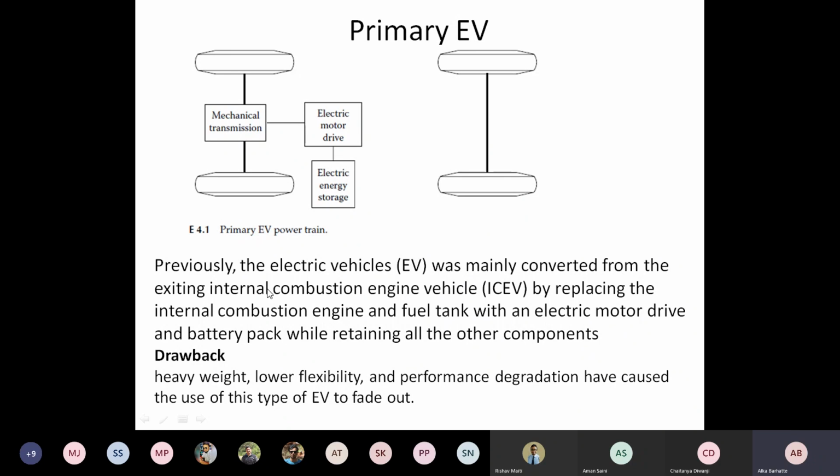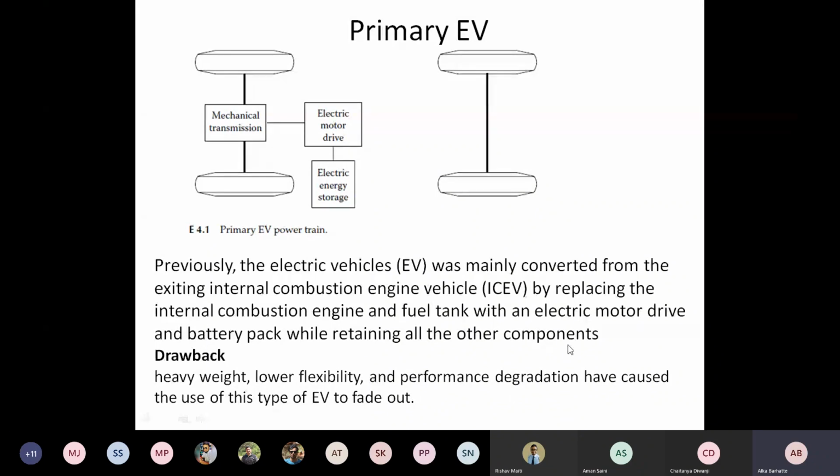Because of that, the vehicles were very heavy. The weight increased because nothing was modified except adding the battery pack and motors. Those vehicles gave less efficiency and lower flexibility in controlling speed.